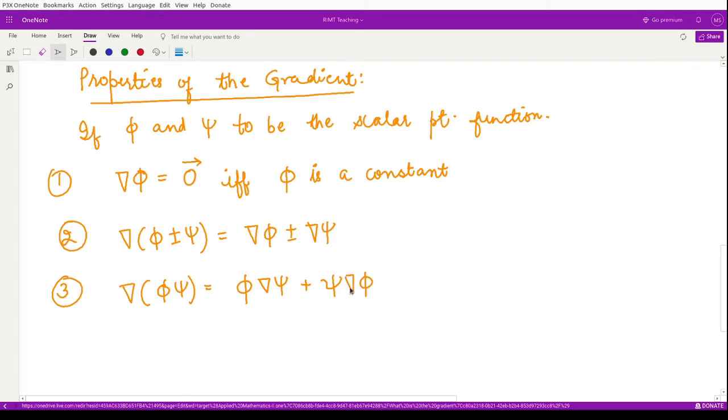This is very similar to the product rule that we use in differentiation. That means you keep the first function as such, differentiate the other, and then you keep the second function as such, differentiate the first. And similar is the rule with the division of these two scalar point functions. So del of phi by psi is equal to psi del of phi minus phi del of psi, divided by psi square.